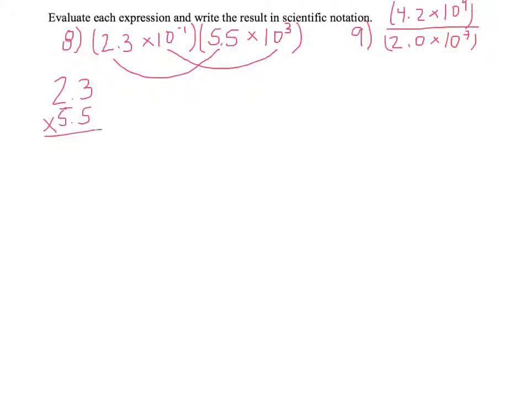Since the multiplication problem has two decimal place values, one from this number and one from this number, we know our answer will have two place values. So I start in this column, multiply 5 times 3 and get 15, carry the 1, 5 times 2 is 10, plus 1 is 11. My placeholder, 5 times 3 is 15, carry the 1, 5 times 2 is 10, plus 1 is 11.